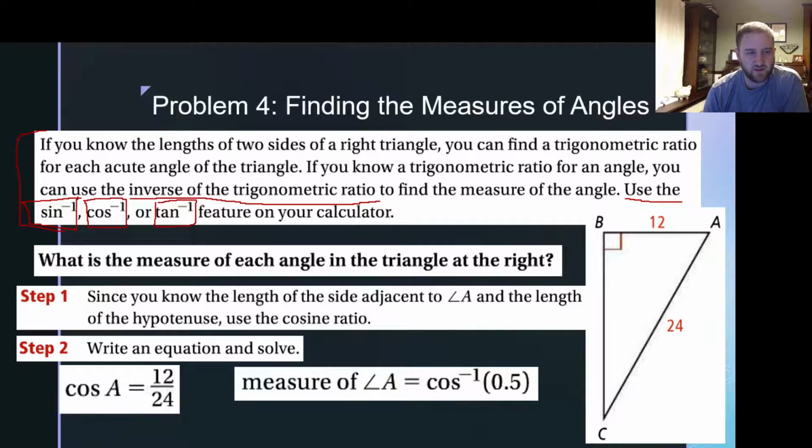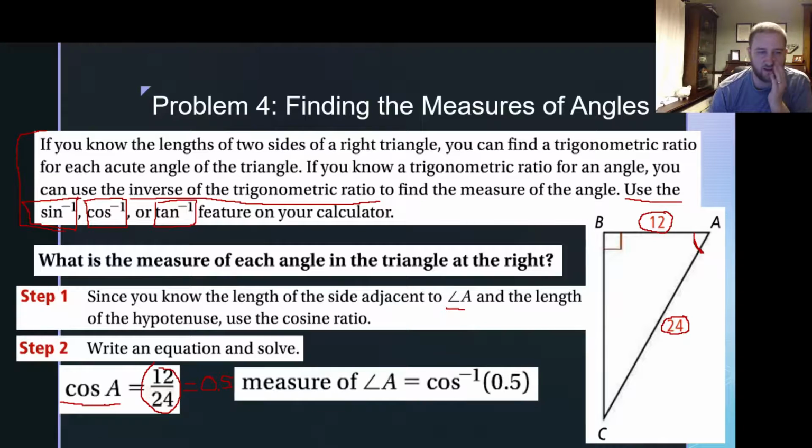So step 1, since you know the length of the side adjacent to angle A, that's 12, and the length of the hypotenuse, that's 24, use the cosine ratio. So first, we know that the cosine of A is equal to 12 over 24, which is 0.5, right?